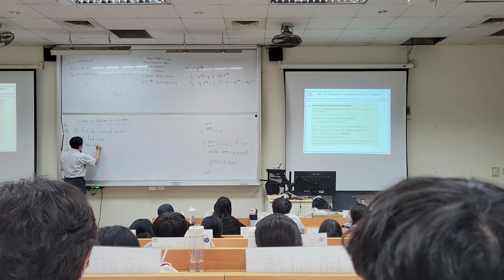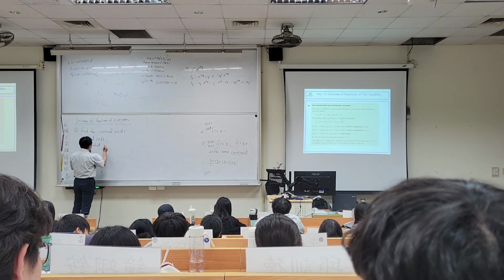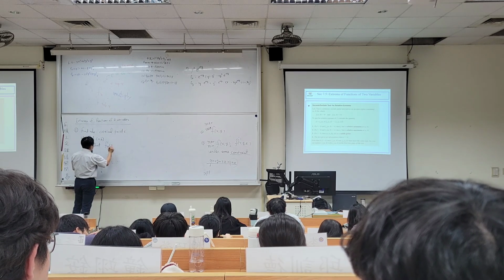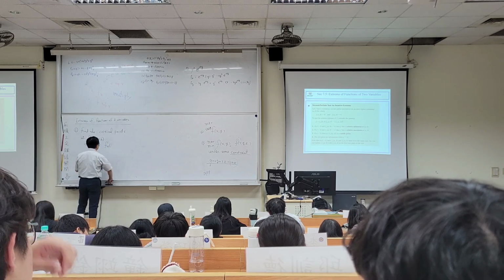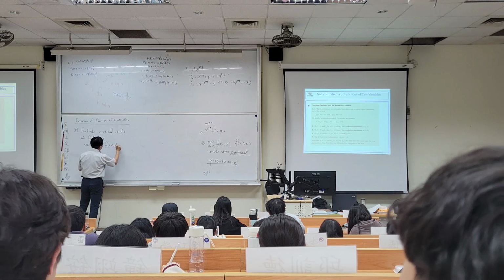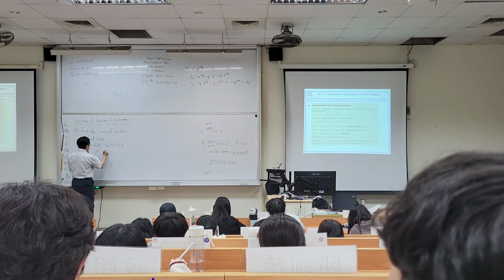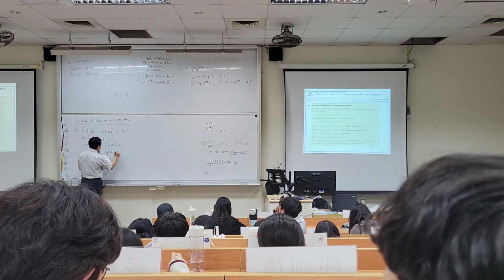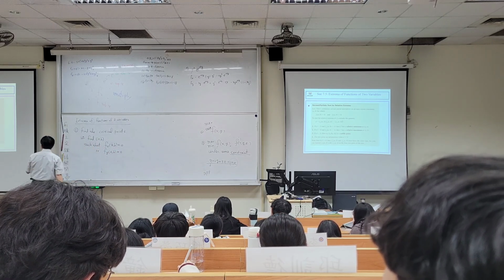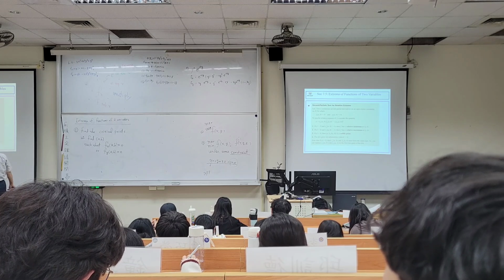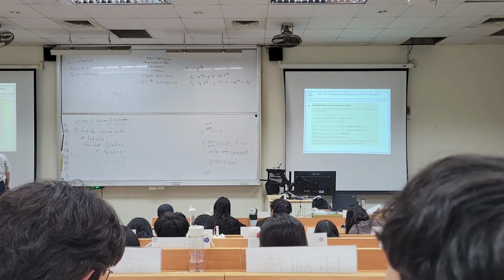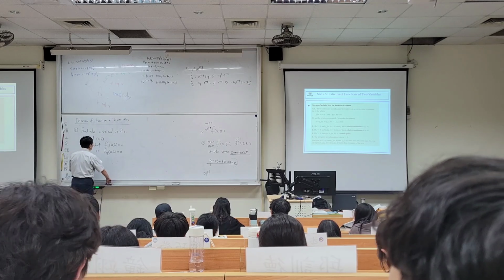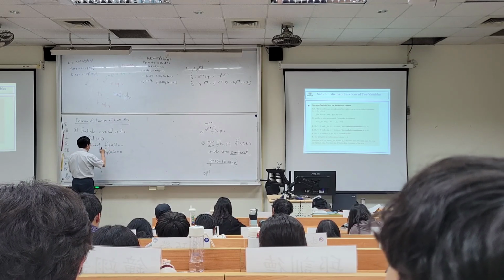You find a point such that the first partial derivative f sub x is 0, and the first partial derivative with respect to y is 0. You need to have both equal to 0.